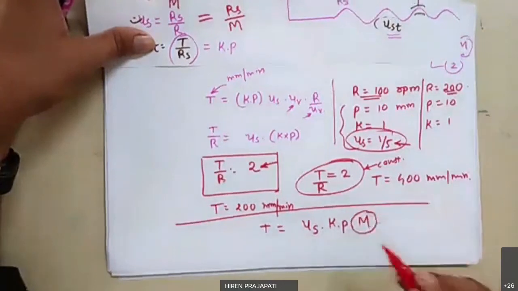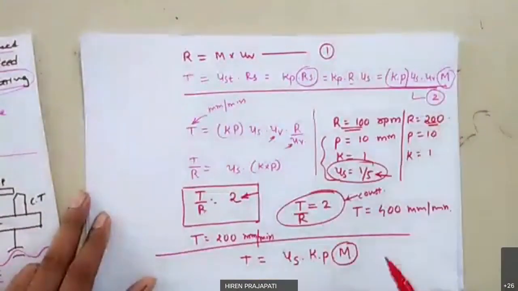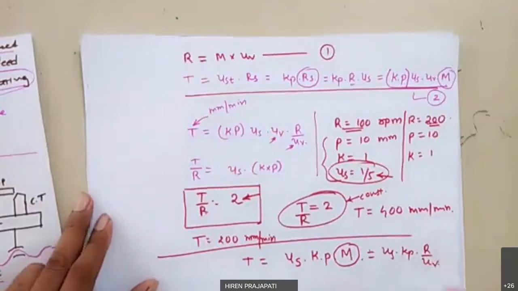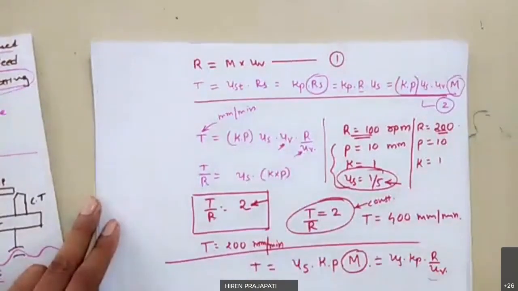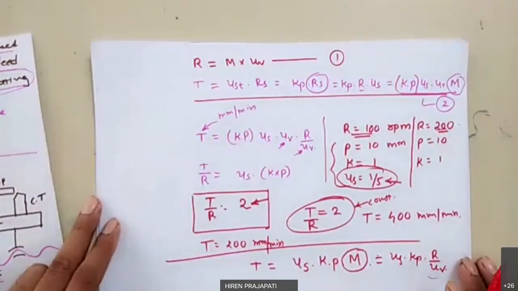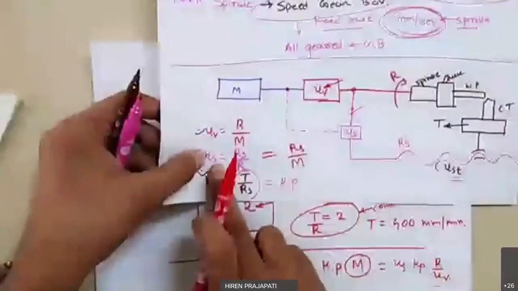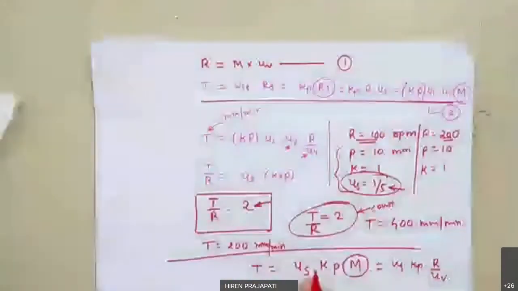Now if you replace this M here by R by UV, then US into Kp into R by UV. Here we had UV, so UV was cancelled out, but here UV remains as it is, right? Because UST into RS, this US is changed from RS to M. So due to that we get this change.